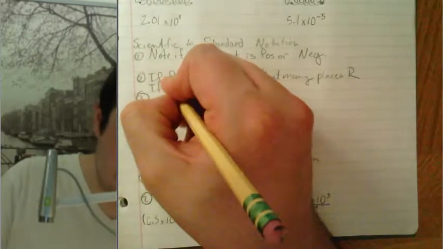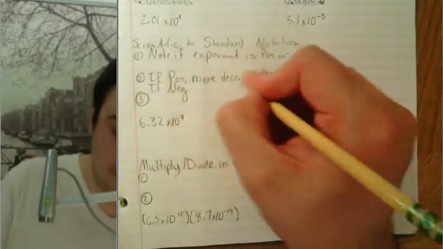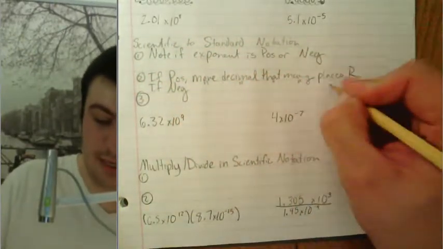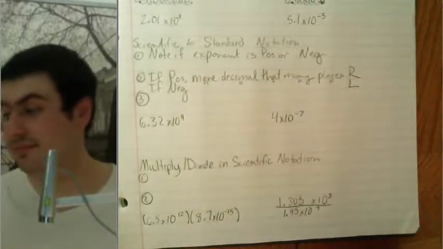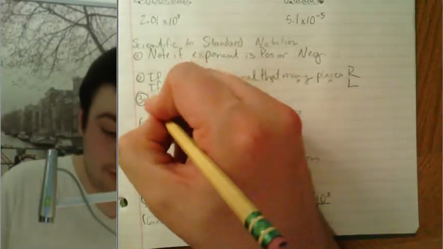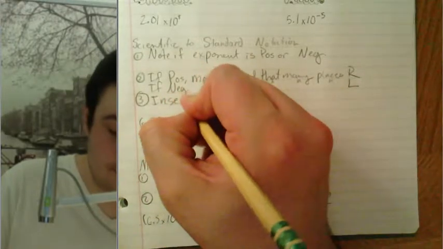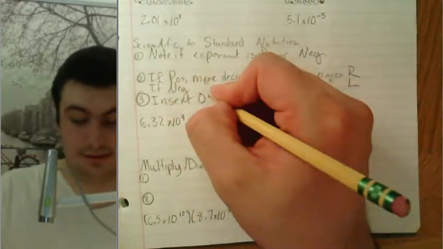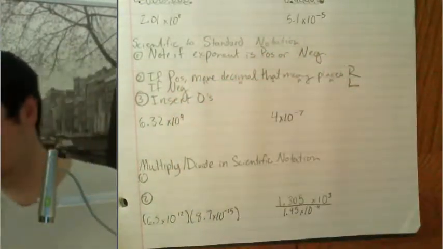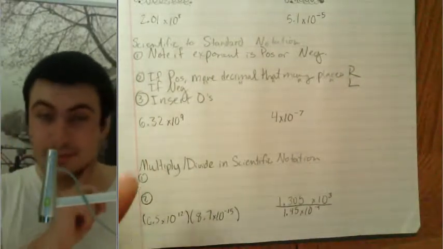If it's negative, we're going to move the decimal that many places to the left. Then we are going to insert zeros as they belong.